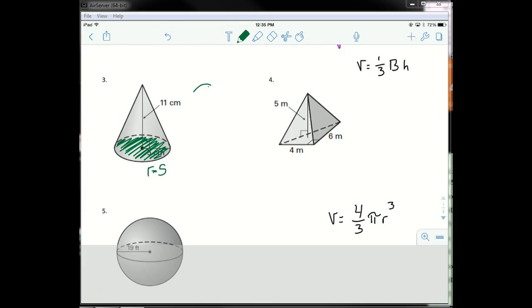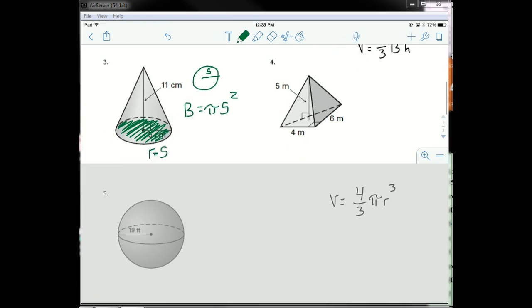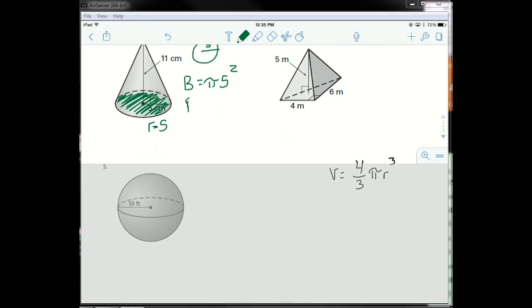So I'm going to draw that circle. Radius of 5. The formula for the circle again, big B, pi 5 squared. Finding the area of the base, we have 78.539.